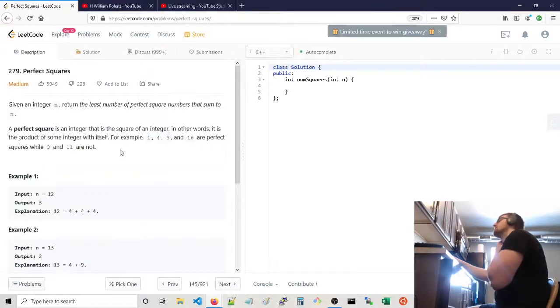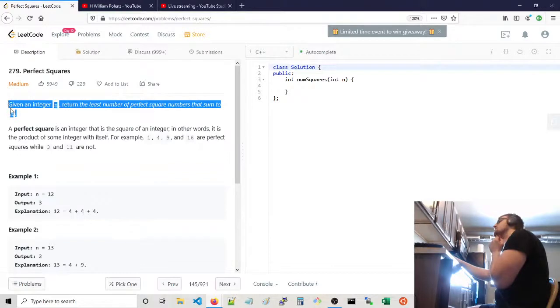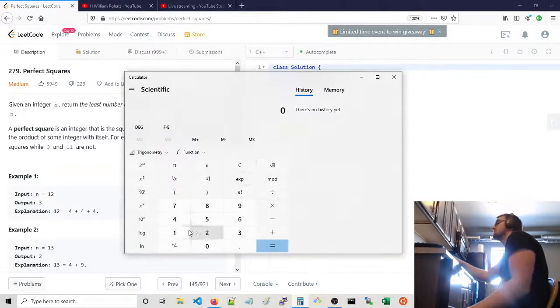That's interesting. Least number of perfect squares that sum to n. The smallest number of perfect squares. Okay. Well, this is kind of an interesting question. Let me think. 100, okay.